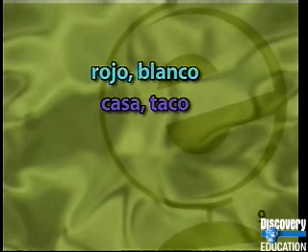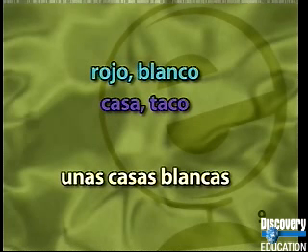So we use unas, some houses, unas casas, and the adjective must also be feminine and plural, so blanco becomes blancas. So when we put them all together, we get unas casas blancas, some white houses.